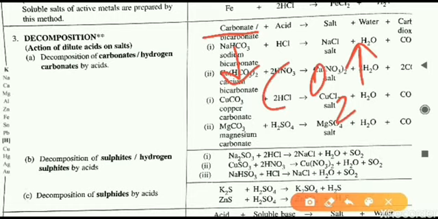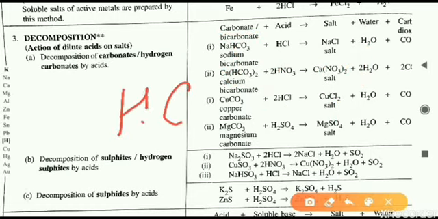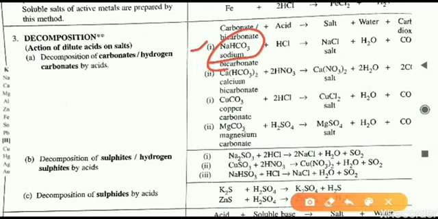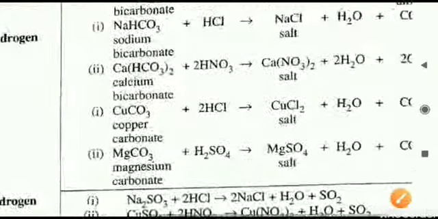Similarly, bicarbonate. What is bicarbonate? Bicarbonate is HCO3 negative. HCO3 negative is the bicarbonate ion. We can also call it hydrogen carbonate. For example, for any compound containing hydrogen carbonate, the first equation given is sodium hydrogen carbonate, that is sodium bicarbonate. It reacts with acid, and what we are getting, let us zoom in here for more clarity.